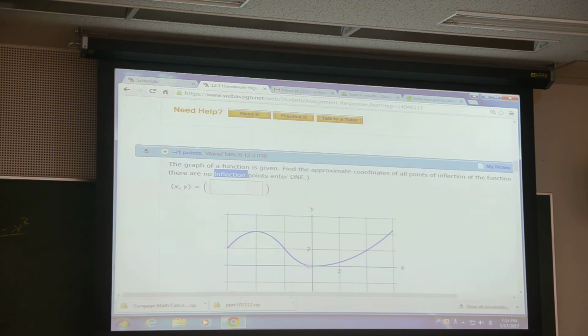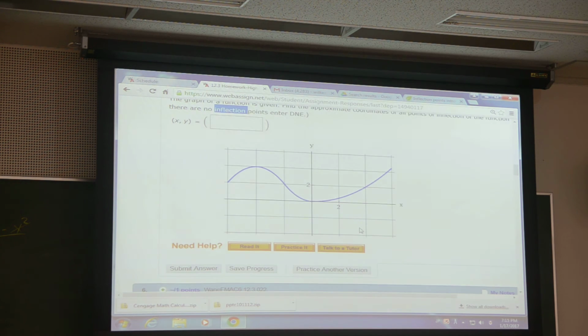What is the concavity in this area here? It's up, concave up. So somewhere it must have changed. The question is, where does it change concavity?